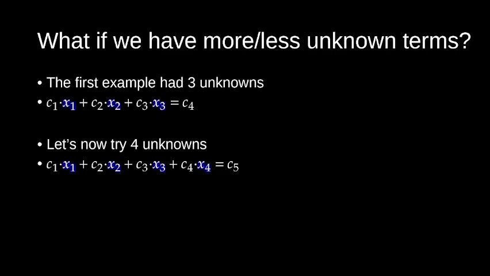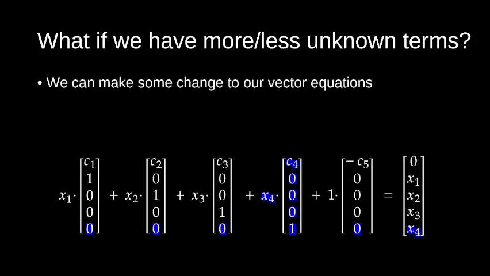Now let's consider what if we have more or less unknown terms. So our first example had 3 unknowns, so now let's try 4 unknowns. So we make some changes to our vector equations. We now need to add in another column for our extra unknown, and also another row.